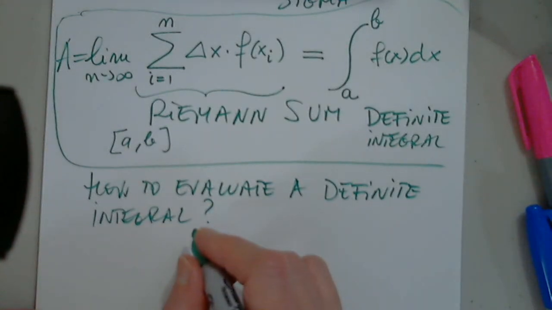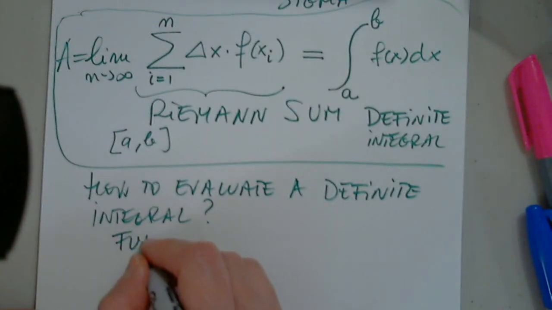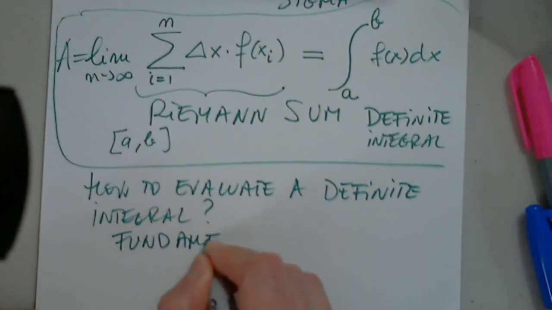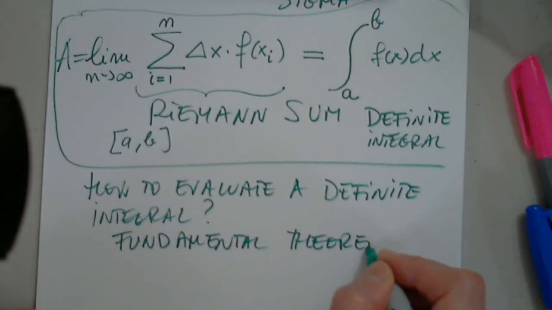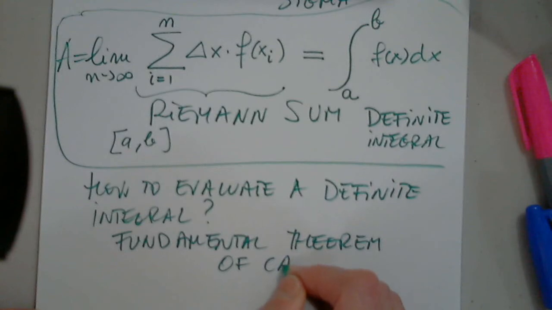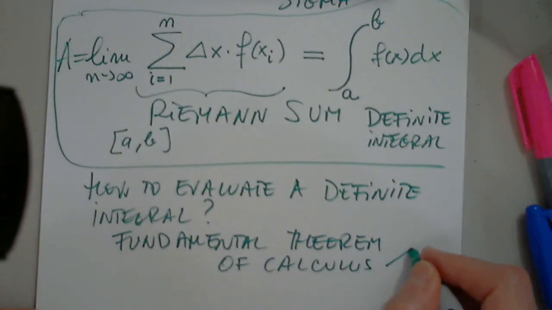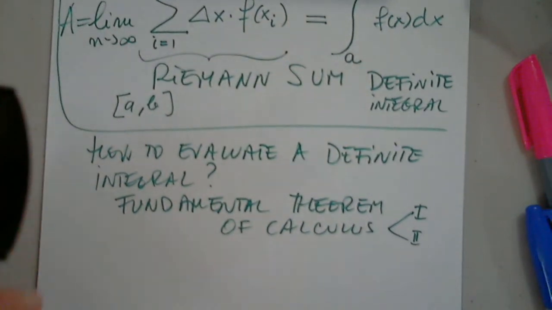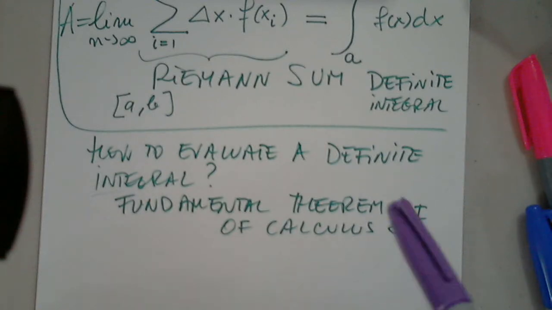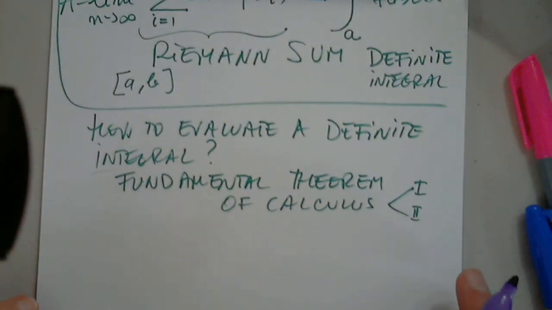The theorem is called the fundamental theorem of calculus. It has two parts. In this class, we only look at one, the one that teaches us how to evaluate the definite integral. Okay, so how do I evaluate that?